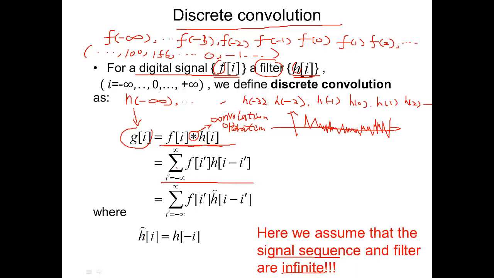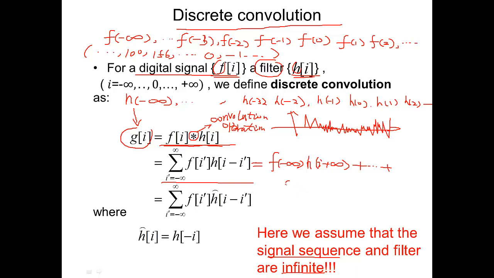This symbol is called summation. If you don't understand the meaning, you can expand it. It is equal to f of negative infinity times h of i minus negative infinity, so it's plus infinity. You can go on step by step.